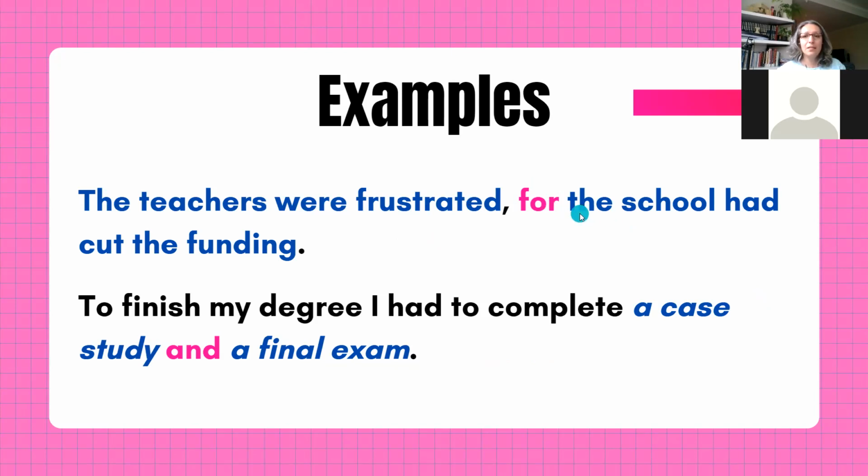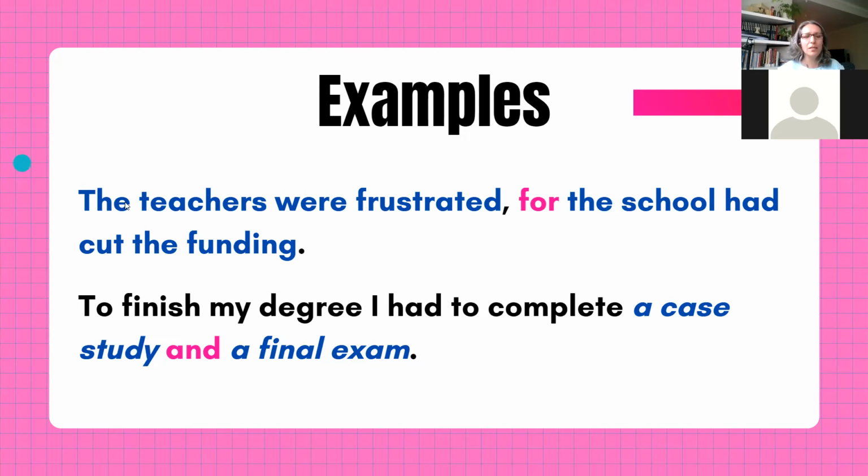And then the second sentence is the school had cut the funding. And we can transpose these two. The school had cut the funding, so the teachers were frustrated. So we can change the position and it doesn't change the meaning of the sentence itself. That's how we know they're of equal value, and because they can be switched around.